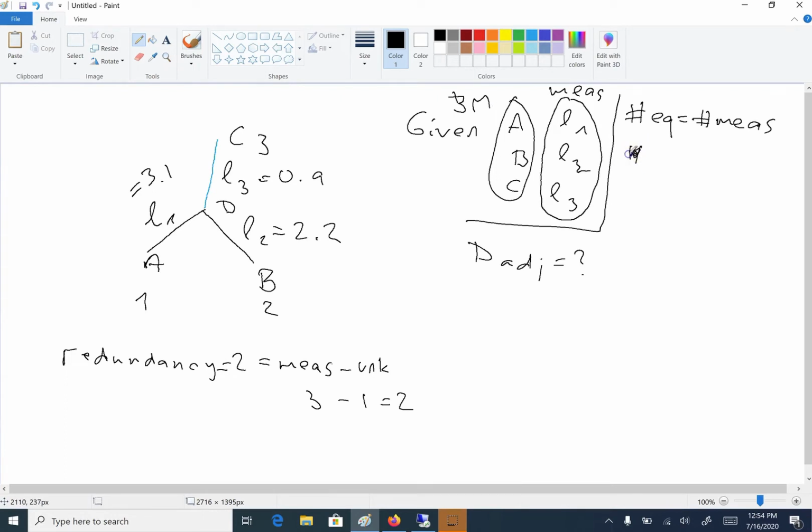The next step is to write down the measured value as a function of the unknown value.